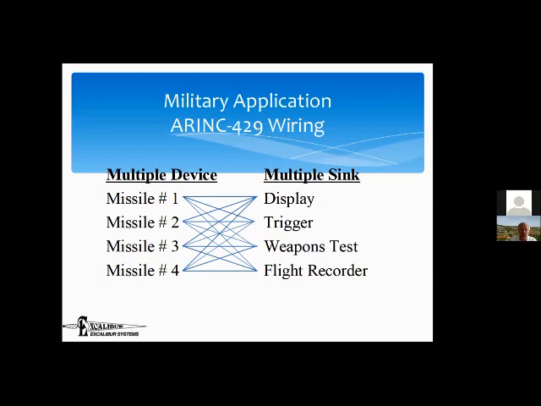And this causes all kinds of problems. First of all, it's heavy. Wire is heavy. And weight is very much at a premium, because the more weight you've got on the aircraft, the more powerful the engine has to be, the more gas it's going to take, and therefore the less weight you have available for your missiles or for your pilots. So weight is one key downside of having such a huge number of wires.